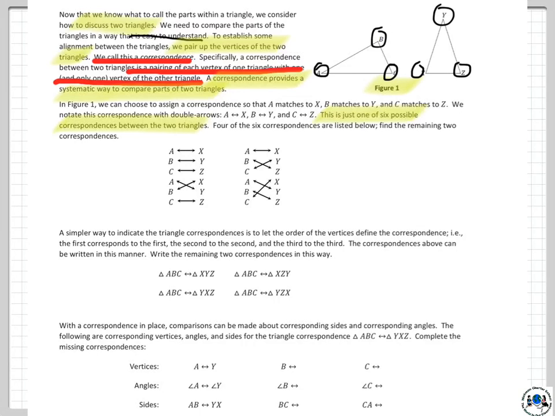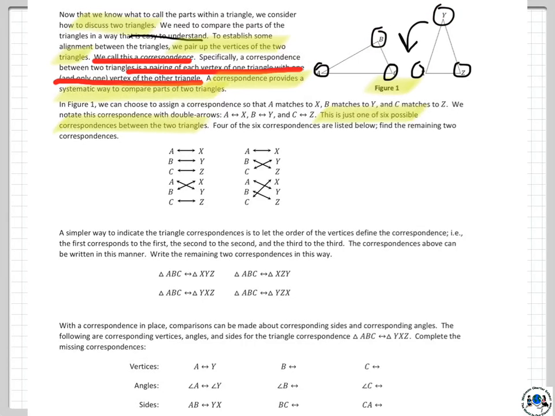Now you might be thinking, wow, I would have tried to flip this one over and then match them that way. You might have thought more naturally A would match with Y, and then B would match with Z, and then C would match with X here. And that's okay. You could do it that way too. I mean, that is also a possibility.